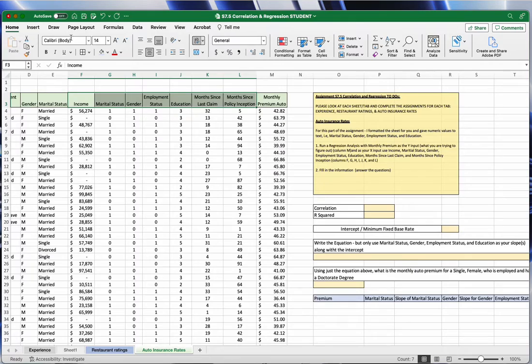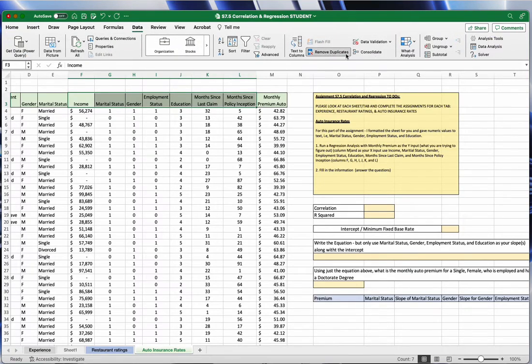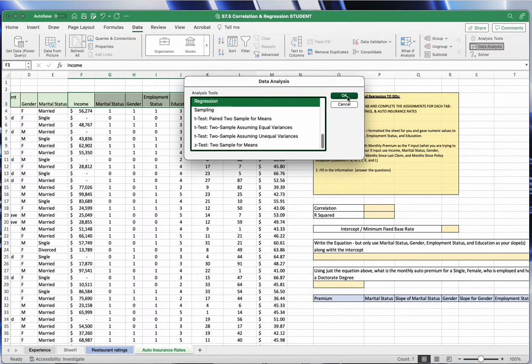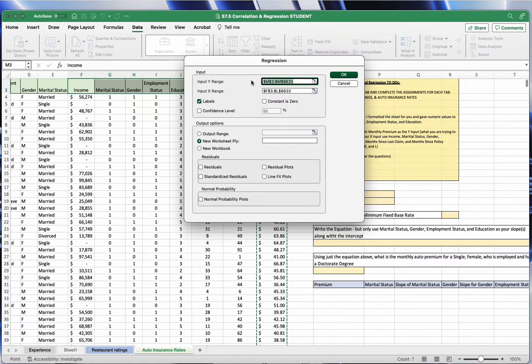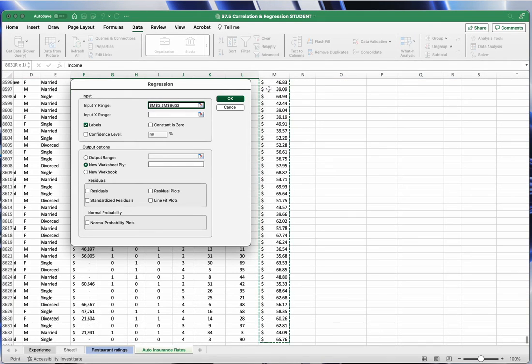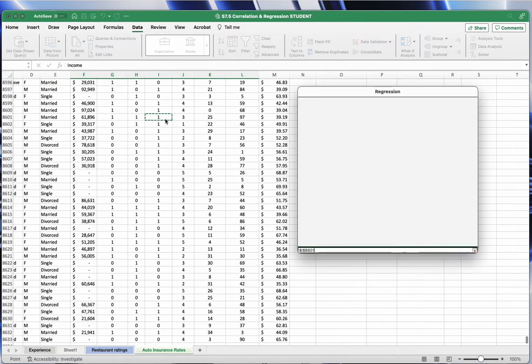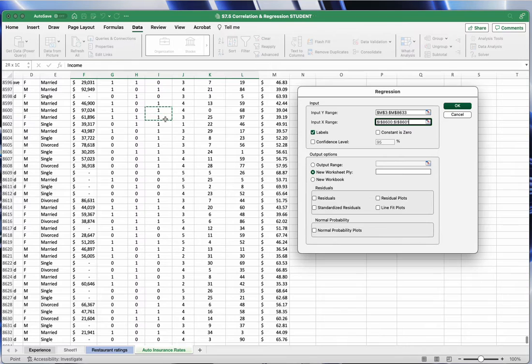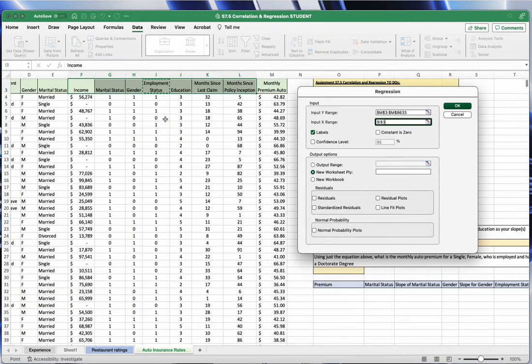Let me go ahead and hit Data over here and Data Analysis, and hit Regression. The first thing, if there's anything in here, go ahead and delete it. We want to keep labels on, and we want to include our labels. Our Y range is M3 all the way down with Shift Command Down to M8633. Then we go back up to the top.